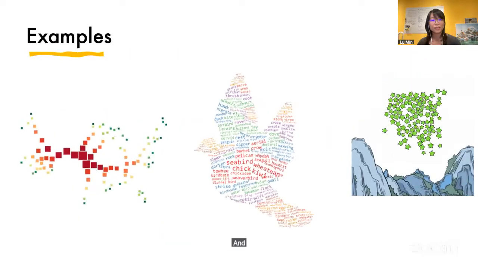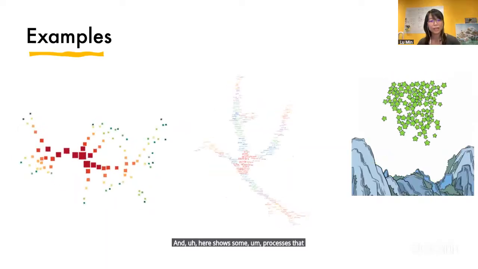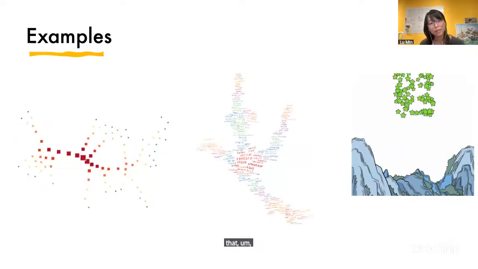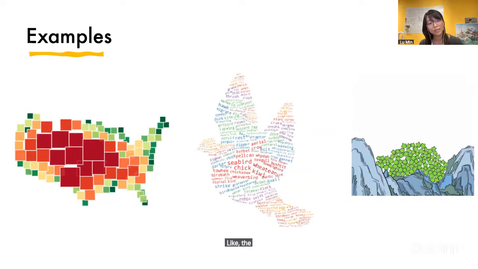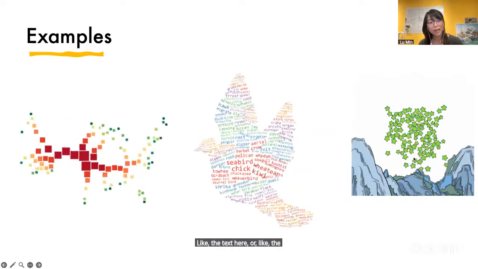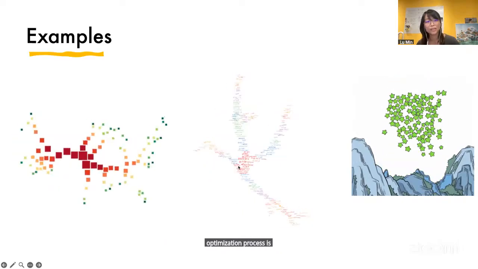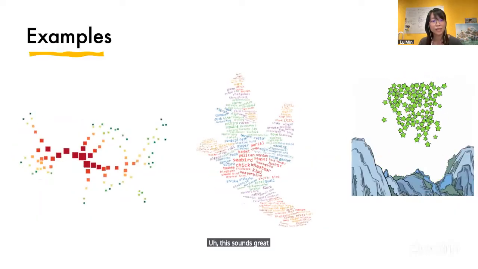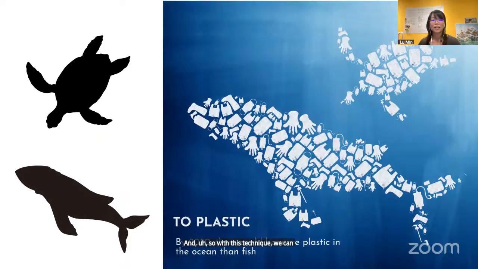Here are some processes during the optimization. We can see that this method can deal with different elements, like the text here or the star here. The optimization process is smooth because we use the gradient descent optimization method. With this technique, we can assist designers in designing nice collages.